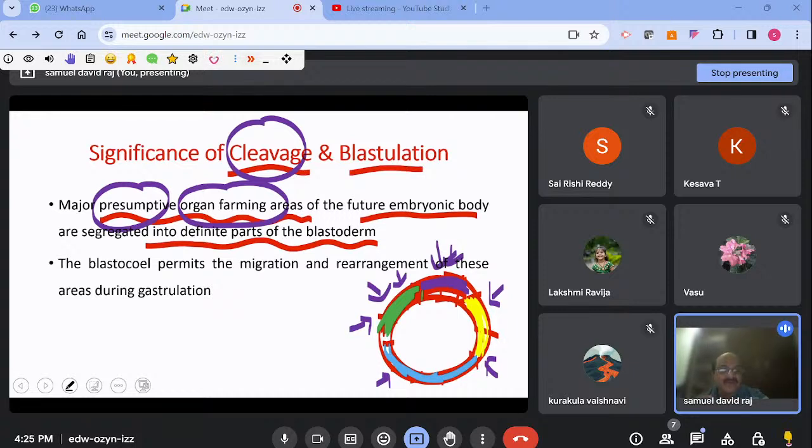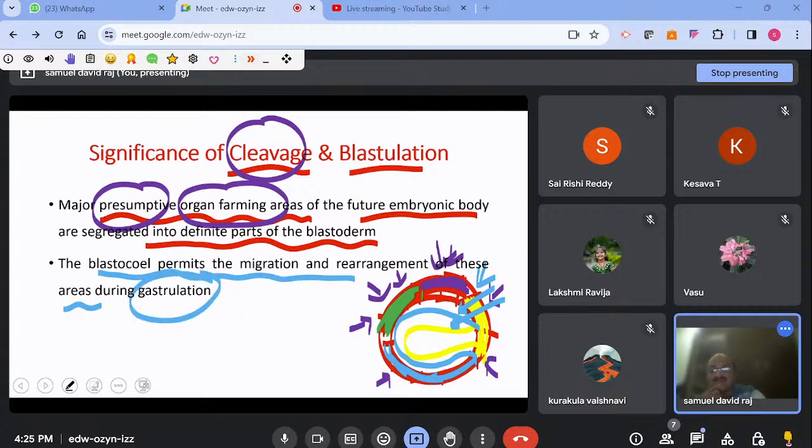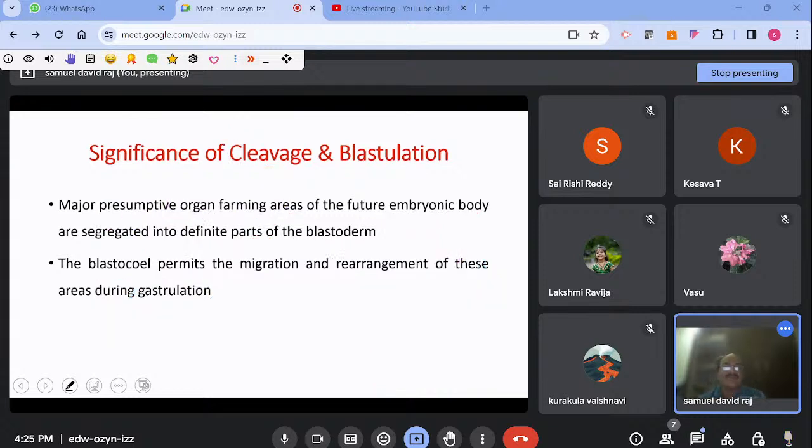Gastrulation takes place, where the cells that are destined to form endoderm migrate inside. After this, the cells which are destined to form coelom migrate inside. Thus, an outer ectoderm, middle mesoderm, and inner endoderm are formed. Thus, the blastula permits the migration and rearrangement of these areas during gastrulation. That is the importance of cleavage and blastulation.